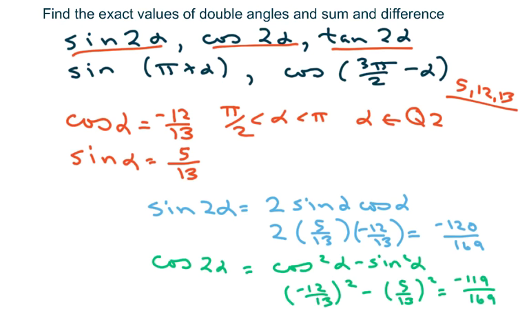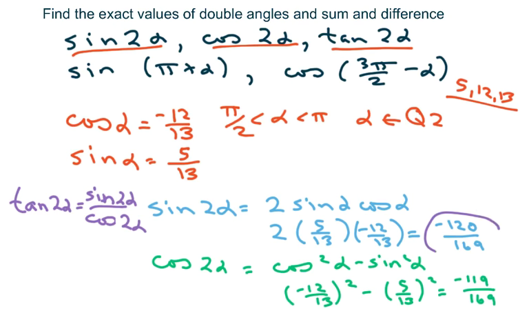Now for my tan of 2 alpha, I'm just going to use sine of 2 alpha over cosine of 2 alpha. Okay, 2 alpha.